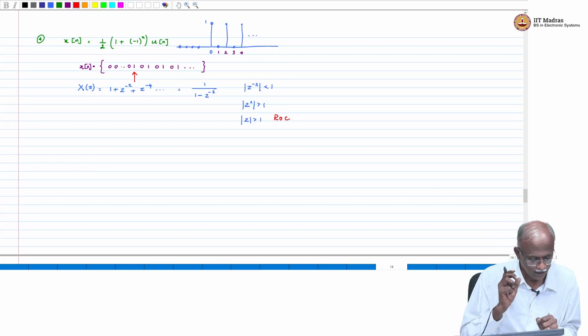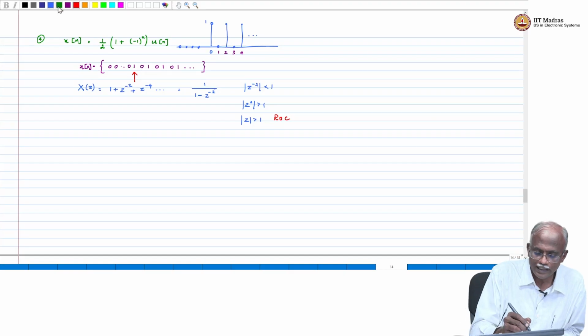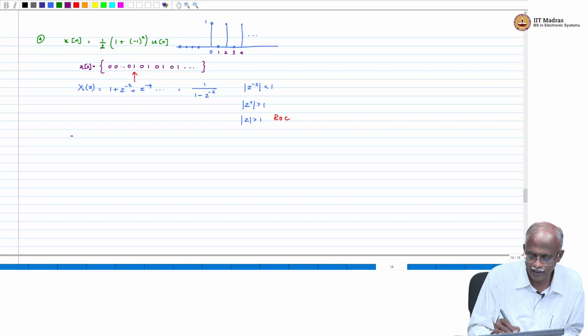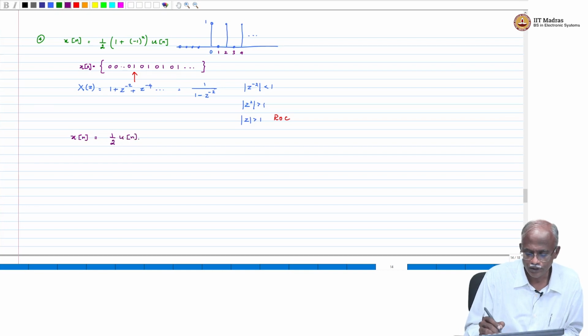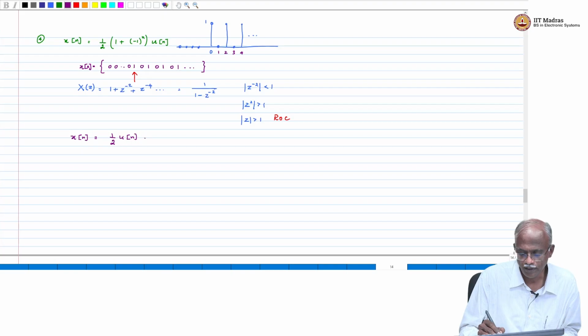All right. Now, there's a very interesting way of looking at this particular problem in a second alternative way. Let's look at that. I'm going to look at it as two sequences, half u of n plus (minus 1) raised to the power n, 1/2 u of n.